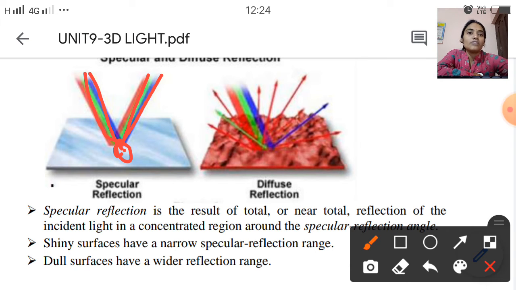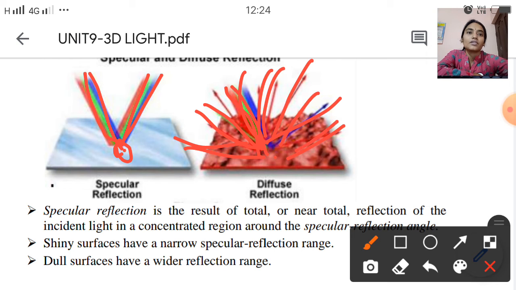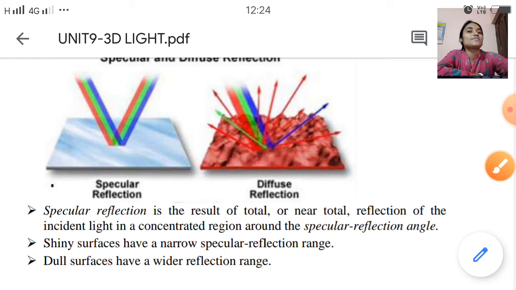But when these three lights fall on a rough area, at a particular point also, the lights are reflected in all directions. But in specular reflection, the light is not reflected in all directions, only in one direction. Okay, this is the difference between specular reflection and diffuse reflection.